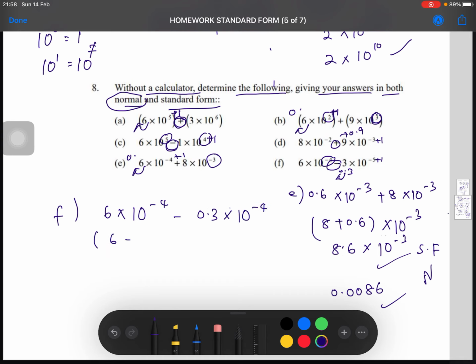There we put in bracket 6 minus 0.3 times 10 to the power of negative 4. The answer is 5.7 times 10 to the power of negative 4. Standard form. Okay, this is the answer for normal.